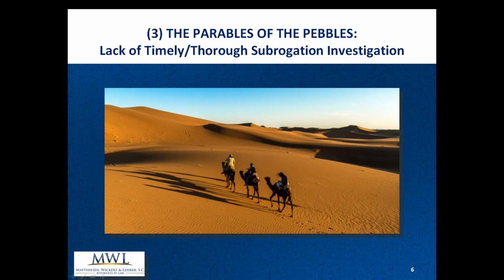So now we move to the third mistake that I see. And again, these are in the order of both frequency and seriousness, the effect that they have on our subrogation recoveries and the catastrophic losses that I see.